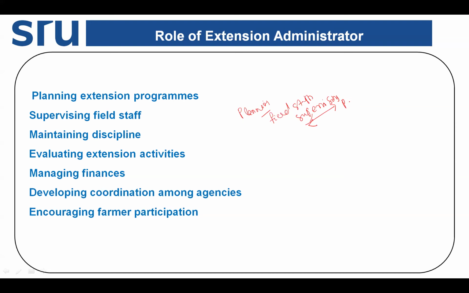Periodically going to the field and checking is very much important in extension administration. Then discipline among them is important: how they maintain punctuality and discipline in the organization. Discipline is essential for the success of any organization.